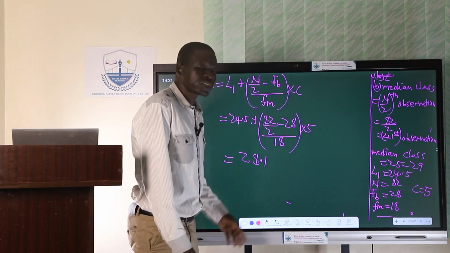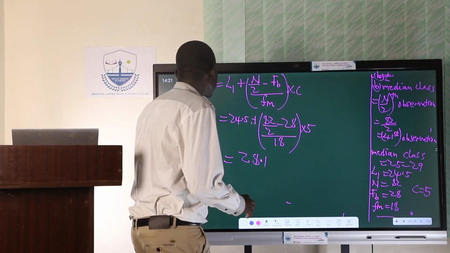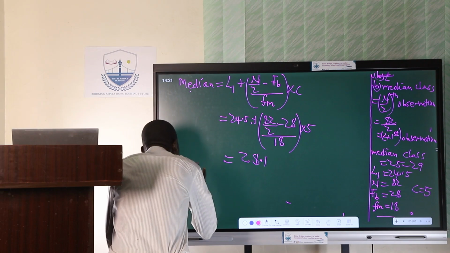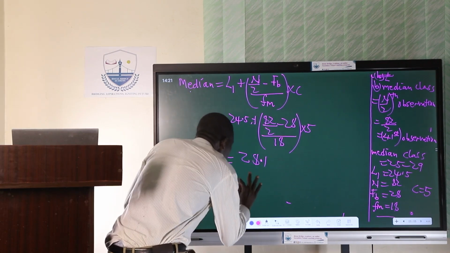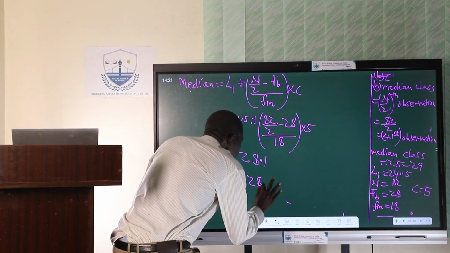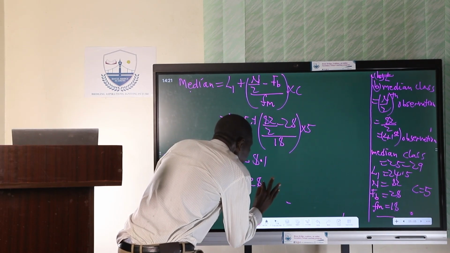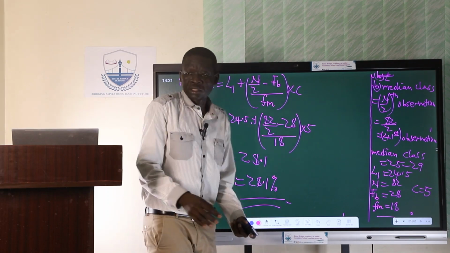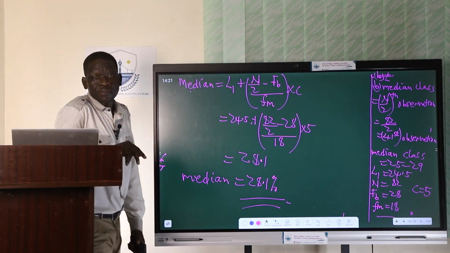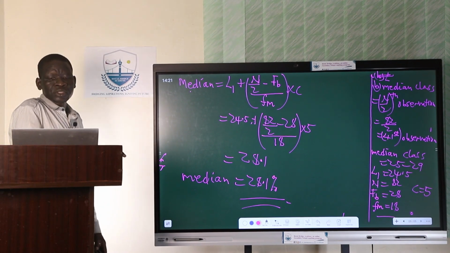So this gives us the value of the median. Therefore, the median is equal to 28.1. That would be the value of the median.